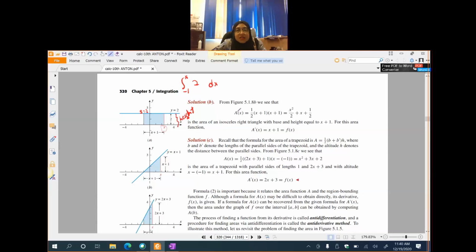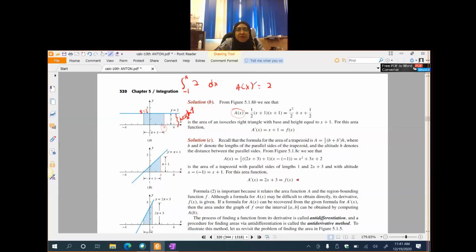So the area function A(x), when I say area function, it means that it still depends on the variable x. X can take whatever values. A(x) is still a function of x. So A(x) for the first one is what?